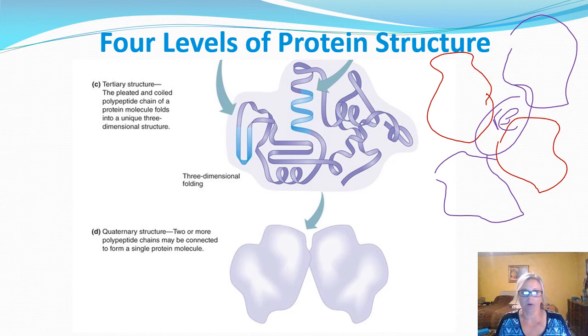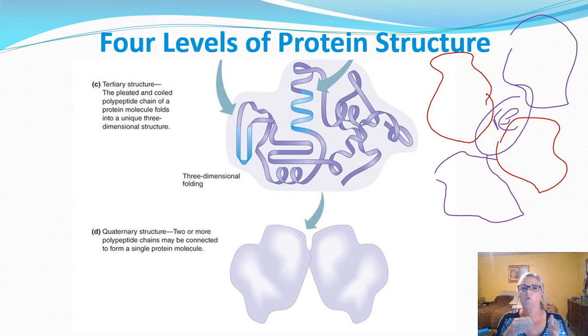Okay, so to summarize the 4 levels of protein structure, you have primary, that's the order of amino acids. You have secondary, and that's where you have hydrogen bonds causing folding, which gives you alpha helix or beta-pleated sheets. And then tertiary structure is going to have more covalent bonding, and that's going to have interactions between those alpha helix, beta-pleated sheets and some of the straight portions. So it's going to cause it to fold even more, and that's going to be the tertiary structure.